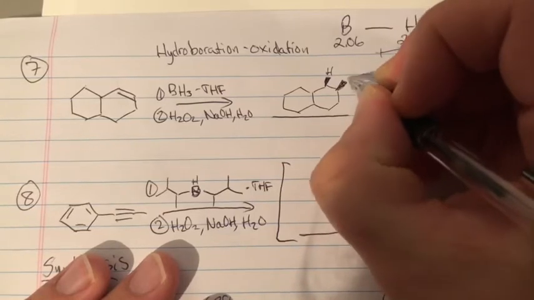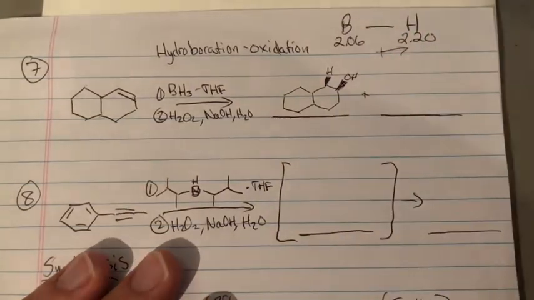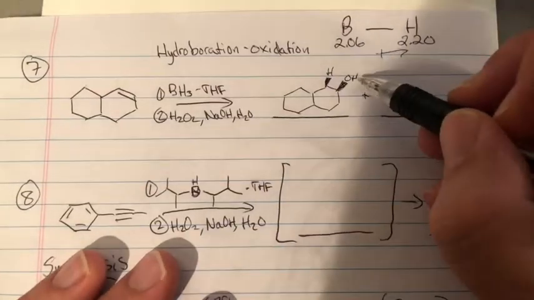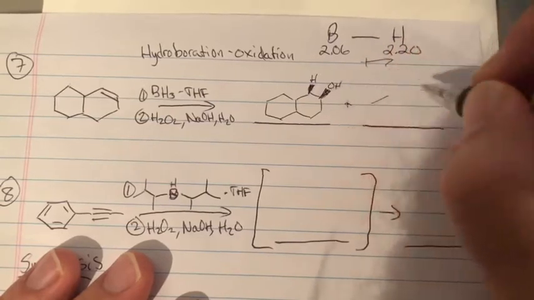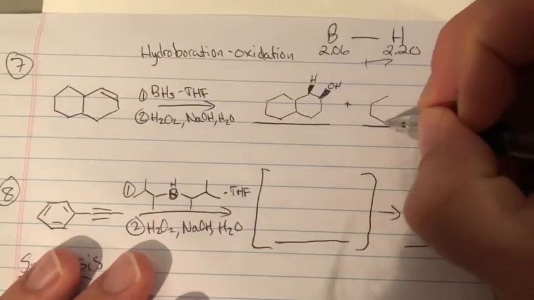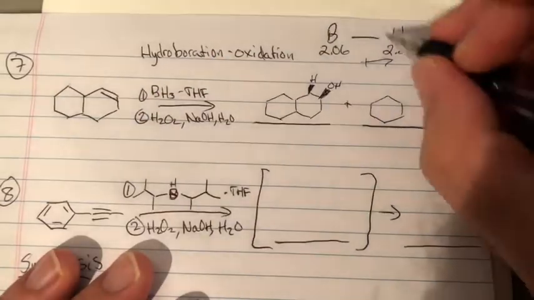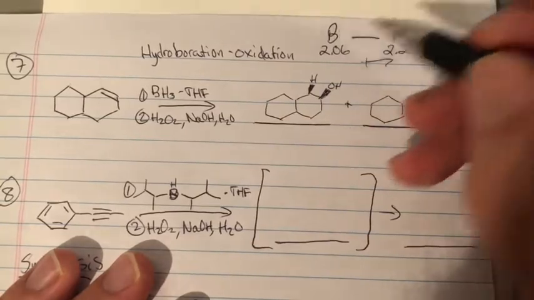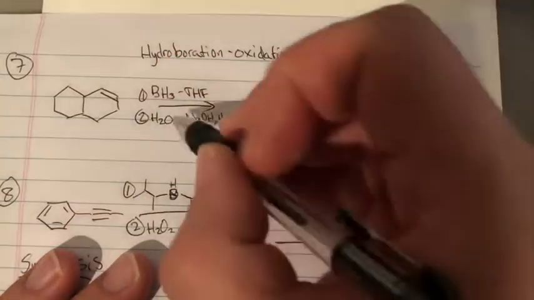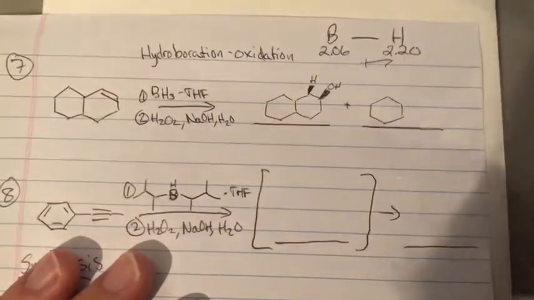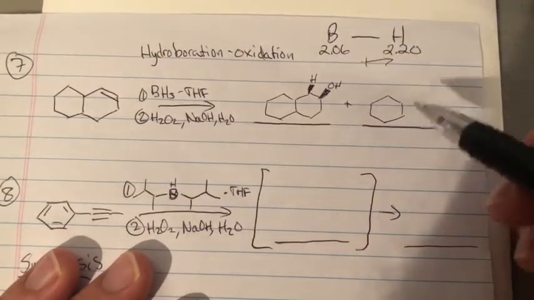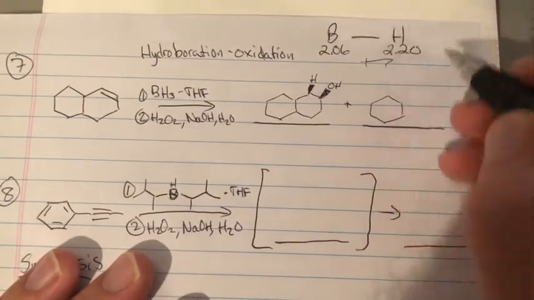Without going into too gory an explanation, notice how both the hydrogen and the OH, since this is a hydration reaction, are on the same side of that ring, because that B and H bond pre-exists here. The oxidation step, the second half of the experiment, is what puts that OH there and replaces that boron group. This bond breaks apart and that hydrogen sticks there.